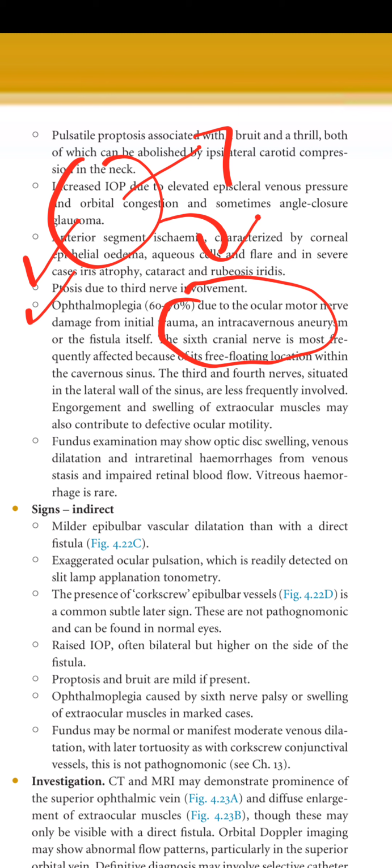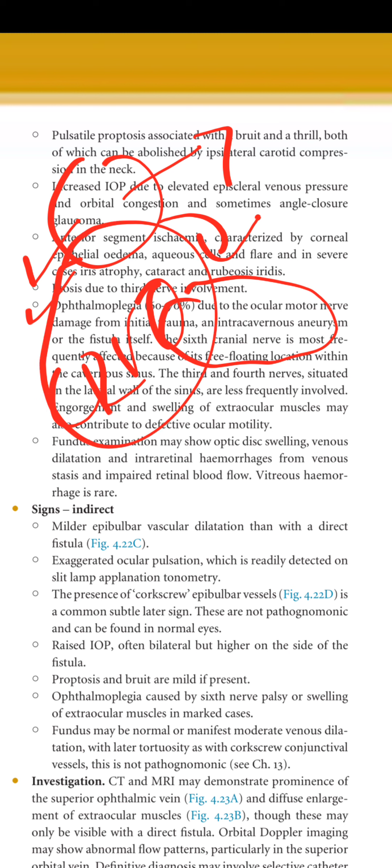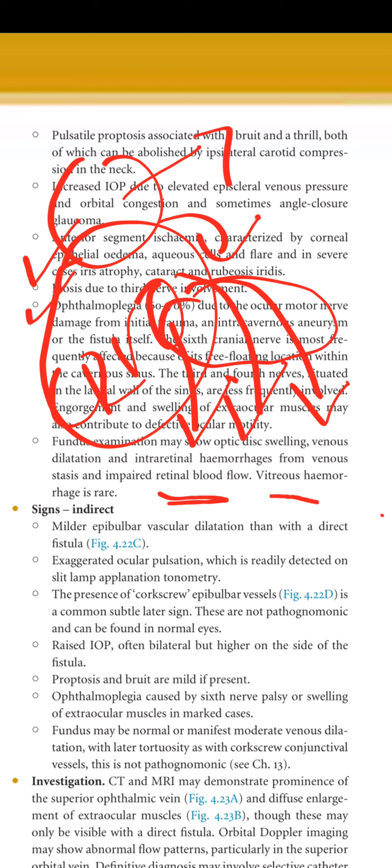Fundus examination may show optic disc swelling, venous dilatation, and intraretinal hemorrhage from the venous stasis and impaired retinal blood flow. Vitreous hemorrhage is rare. So these are the signs of CRVO, which will be present in the case of a direct fistula. You know that in a case of CRVO, there can be optic disc swelling, venous dilatation, and intraretinal hemorrhage, due to venous stasis and impaired retinal blood flow.